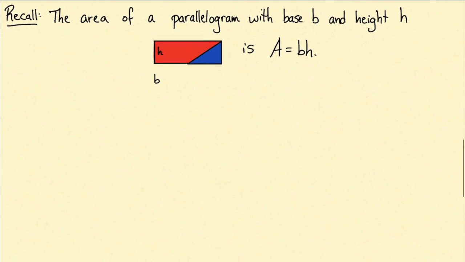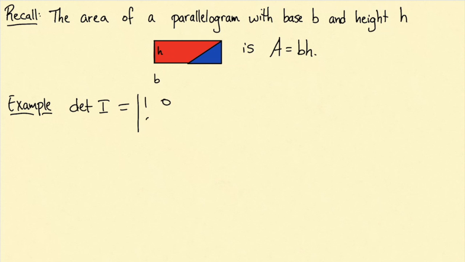There are three classes of matrices for which the determinant is easy to understand in general from this description. The easiest one, our first example, is the determinant of the identity matrix. So the determinant of the identity matrix is 1 since these two unit vectors are positively oriented at a 90-degree angle and form a square of unit area.